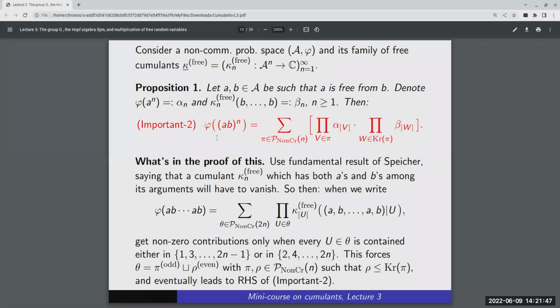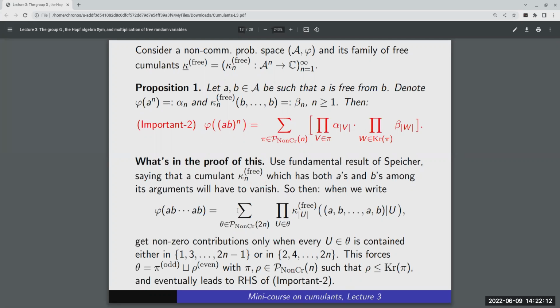But the fact is that, so what's the proof of the important equation 2? Take phi of (AB) to the n, and write (AB) to the n as a monomial, as a product of length 2n in A's and B's, so alternating A's and B's. Evaluate this with the moment-cumulant formula for non-crossing partitions for free cumulants.